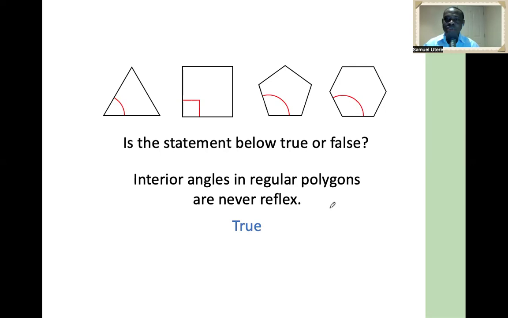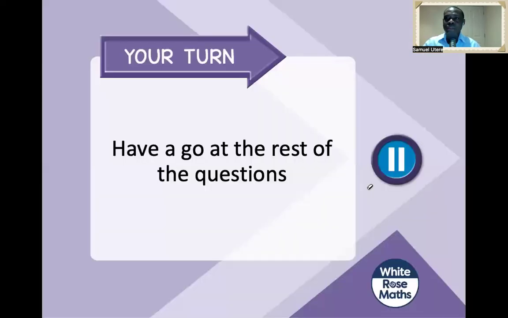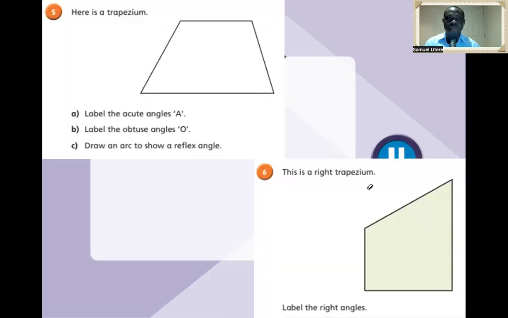Imagine trying to draw polygons where the angles are reflex, and then trying to draw another polygon. It's practically impossible. So the statement is true. It's now time for you to pause the video and answer questions 5 and 6 to practice what you've learned.